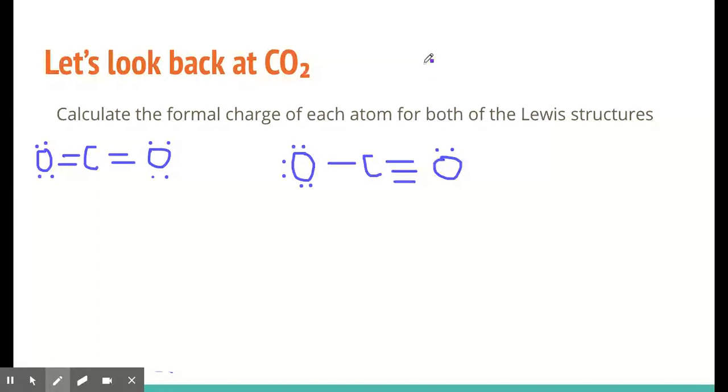So now pause this video and calculate the formal charge on each atom for both of the Lewis structures for CO2.